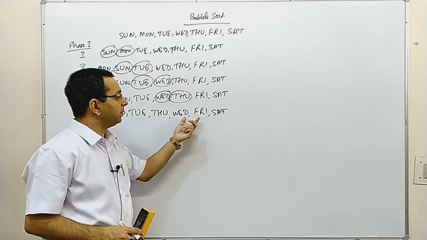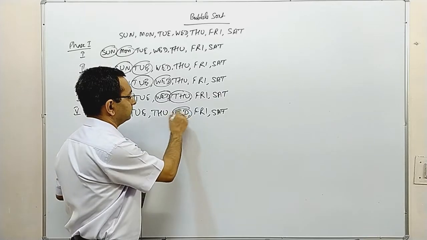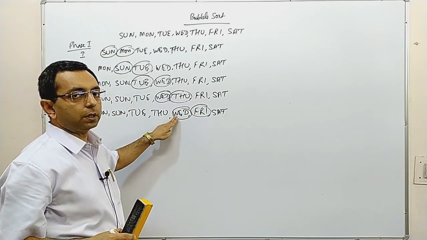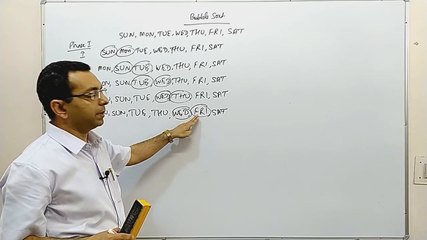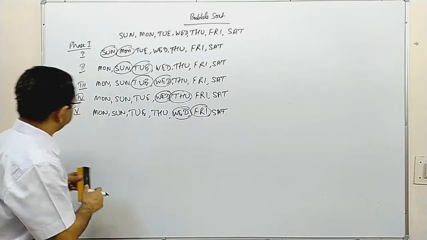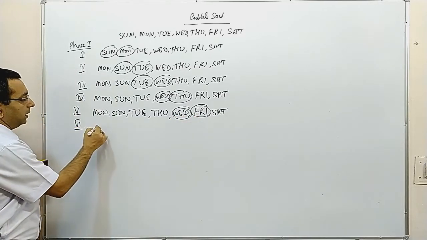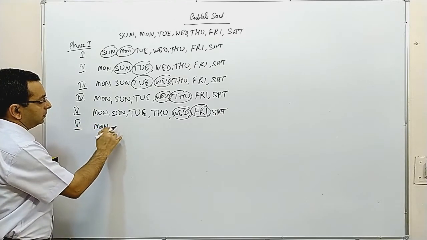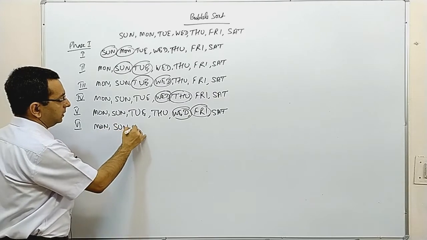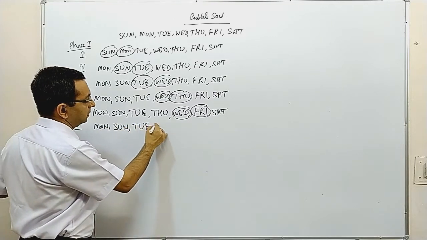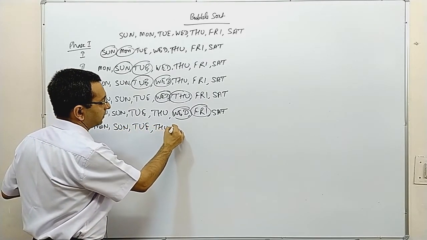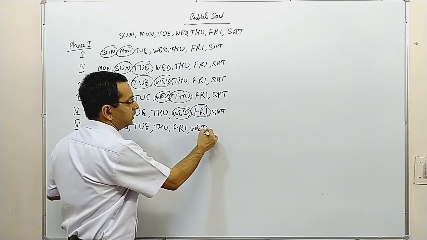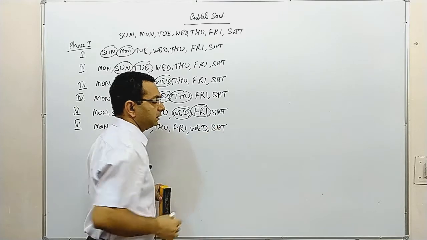Next, Wednesday will be compared with Friday. Here you can see W comes later in comparison to F, so it will be interchanged. So Monday, Sunday, Tuesday, Thursday, Friday, then Wednesday, and then Saturday.